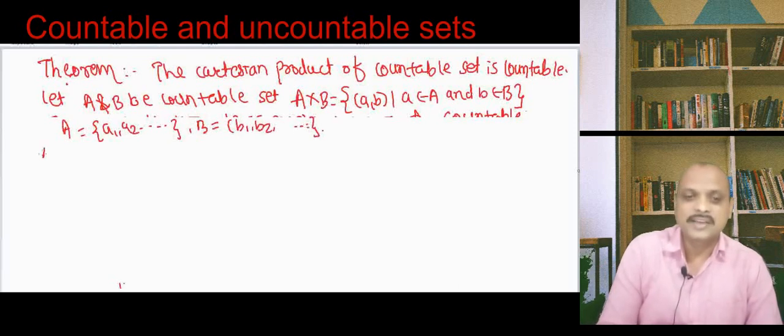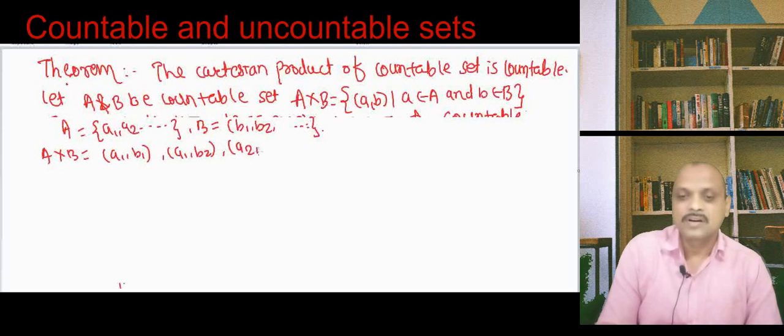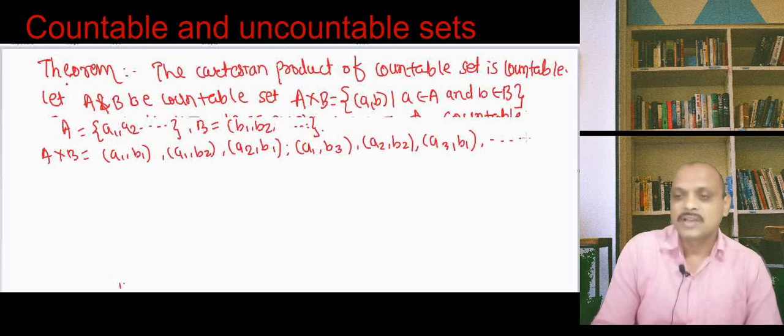Let us take A cross B. We arrange A cross B as: first element (a1, b1), second elements (a1, b2), (a2, b1), third elements (a1, b3), (a2, b2), (a3, b1), like this.